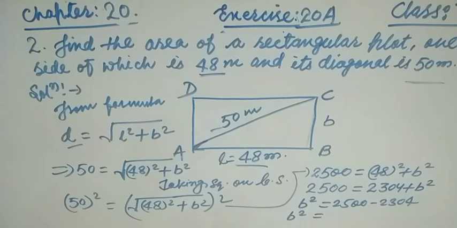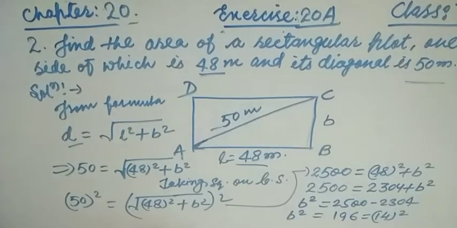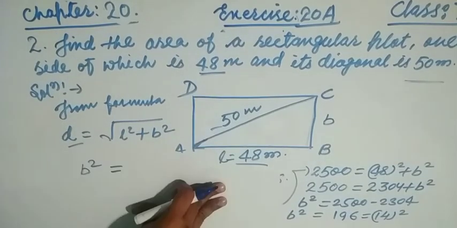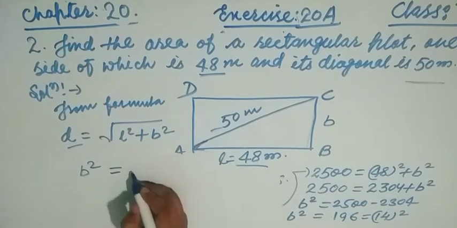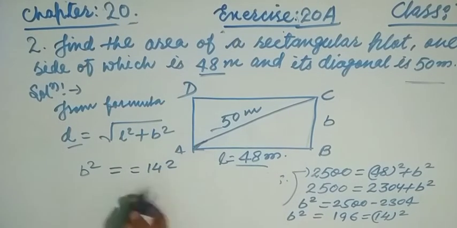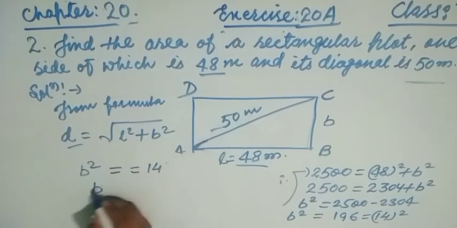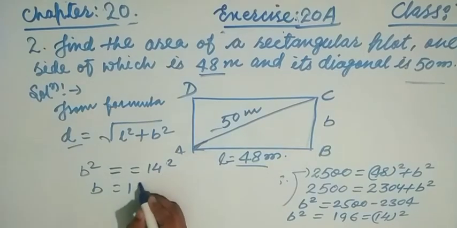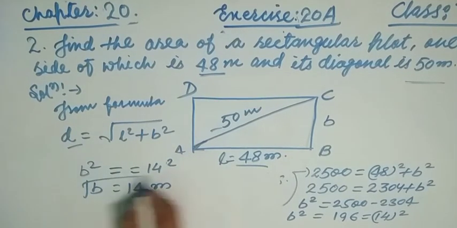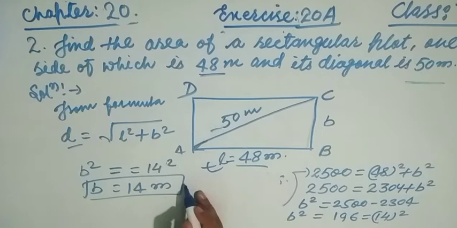After subtracting, friends, this is 196, and this is 14 square. Afterward, friends, B square is equal to 14 square, so we can write B is equal to 14 meter.